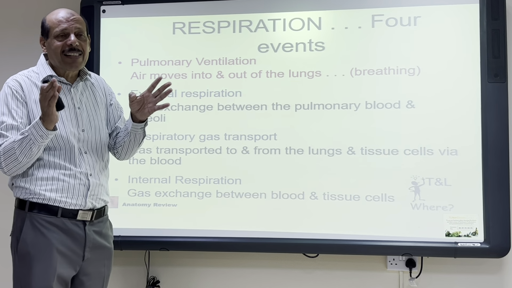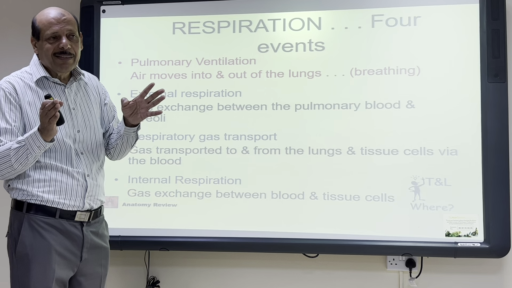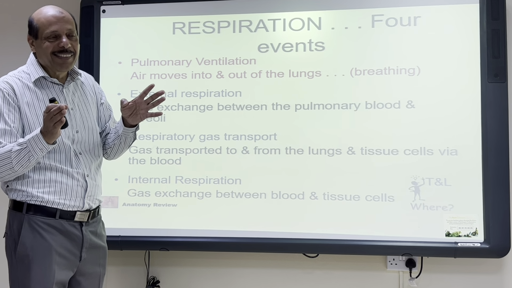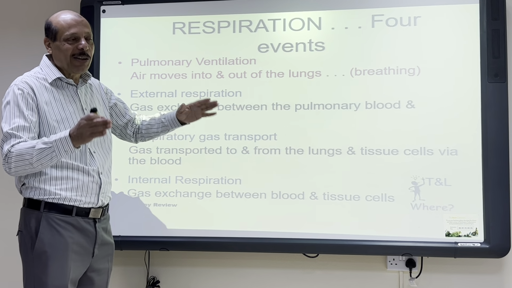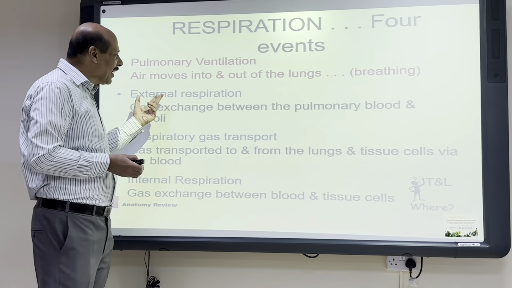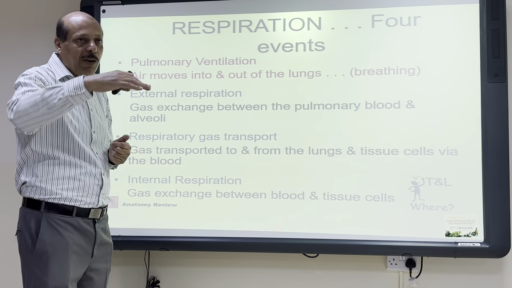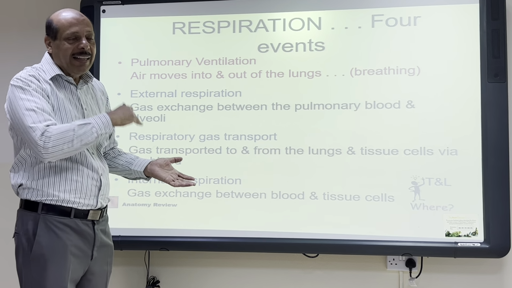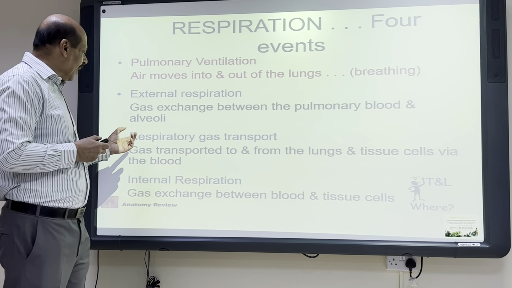Where does it happen? Inside which part of the body? Inside the lung, in the alveoli. So external respiration is in the alveolar sac, between the blood and the external air.